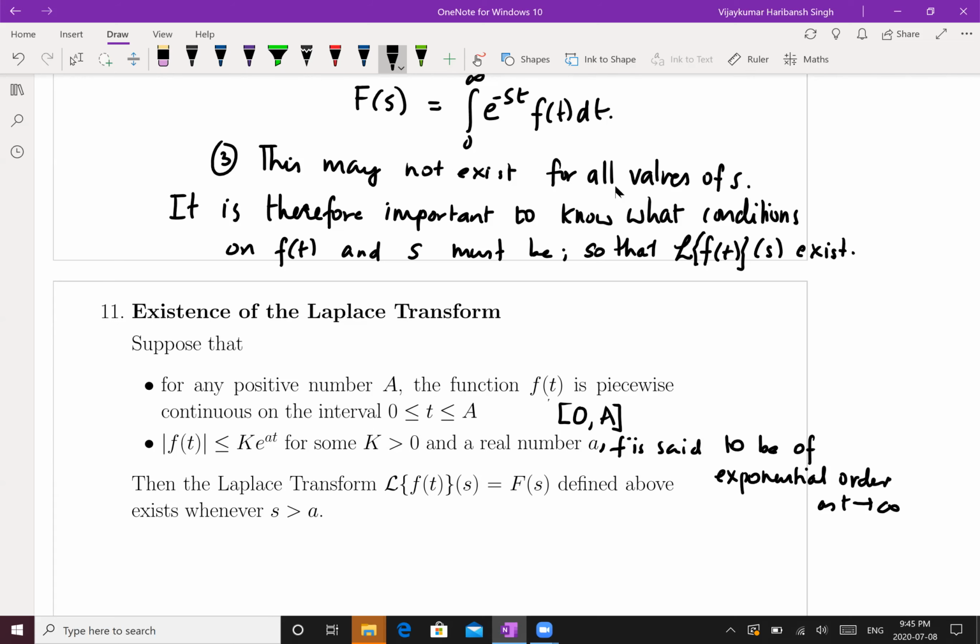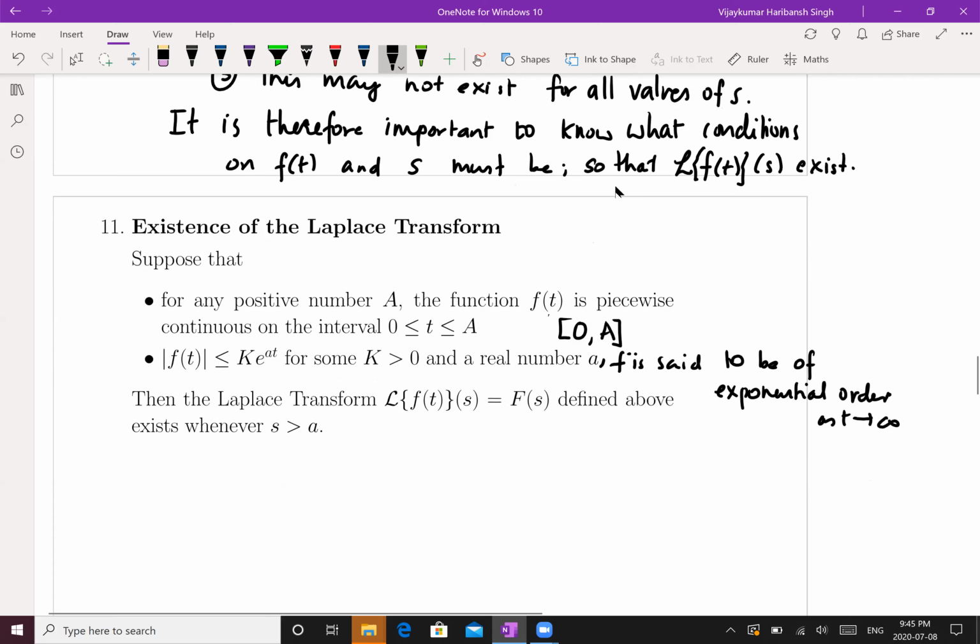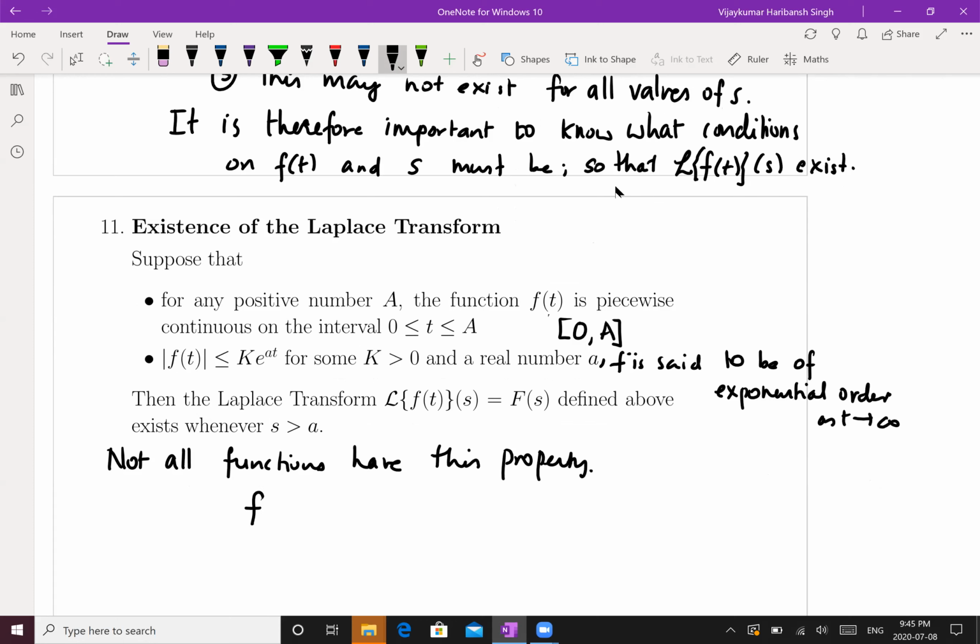So then the Laplace transform exists and is defined whenever s is greater than a. Now note that not all functions have this property. One of the candidates is f of t equals e to the power t squared. It's never going to satisfy this inequality.